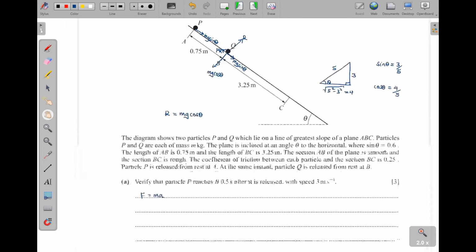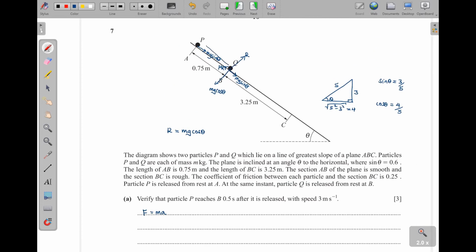When it is going this way, it is accelerating this side. There is nothing resisting the motion because this one is a smooth plane.